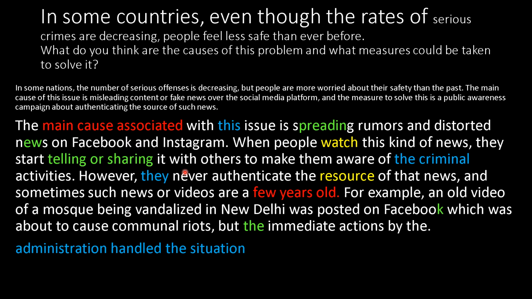What I mean is, here we have spreading rumors, that's an ing, that's a gerund, an activity, and distorted news, that's a noun. It doesn't read well. If you changed the first one to a noun or the second one to a gerund, it would read better. But the issue is spreading false rumors and distorting. Distorting, that should be distorting. Or the spread of rumors, that's a noun. It's called parallelism. Use it.